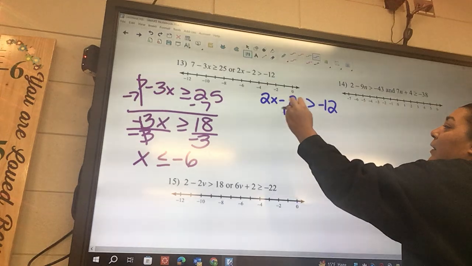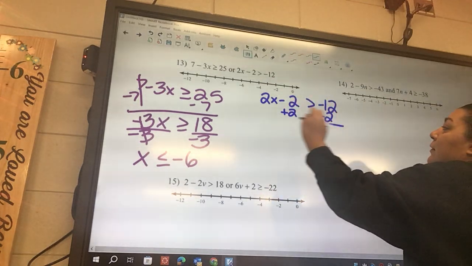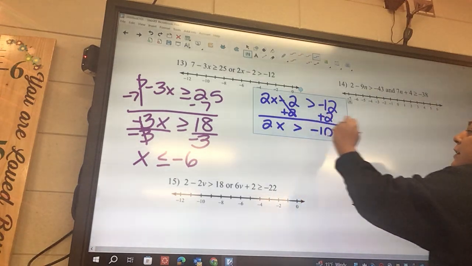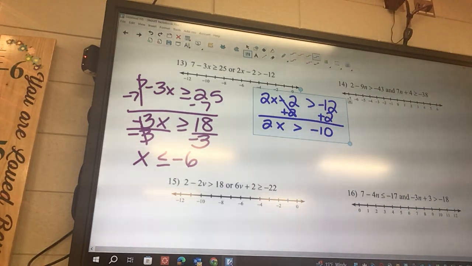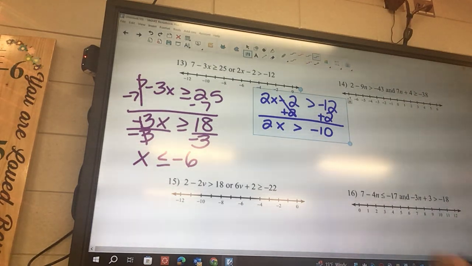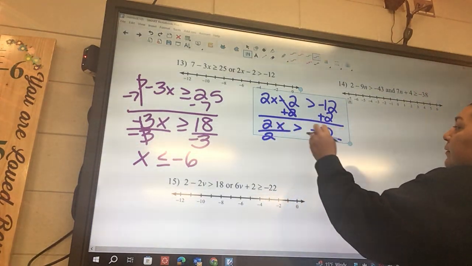Okay, we're going to add 2. So I got 2x, negative 10. And then I'm going to divide by 2.